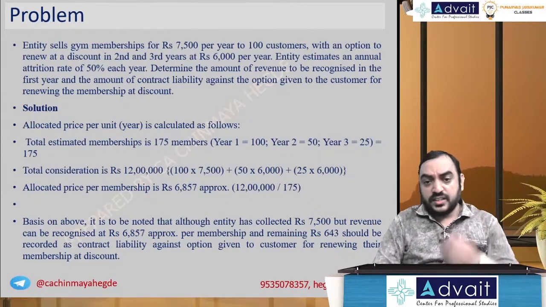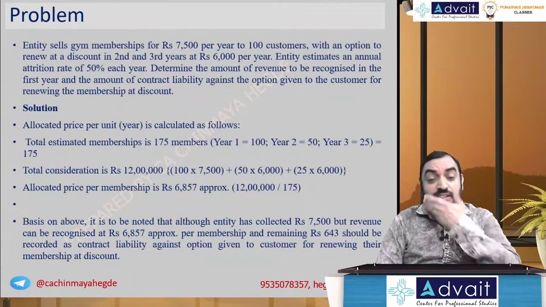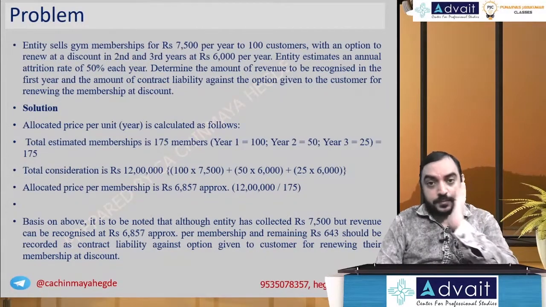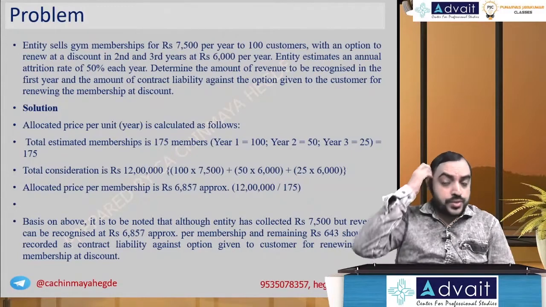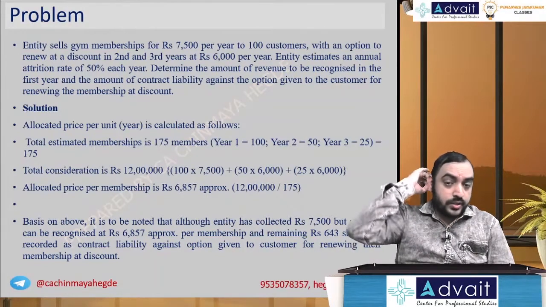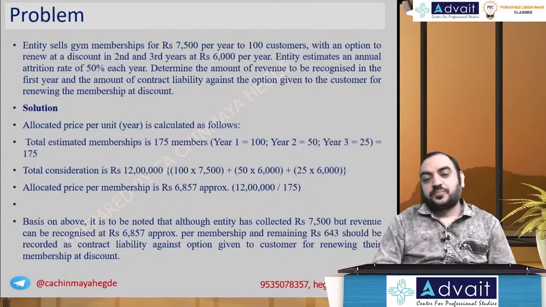You can pay only 6,000 in the second and third year. The entity estimates annual attrition rates are 50% each year. So 50% of the people will leave. Determine the amount of revenue to be recognized in the first year and the amount of contract liability against the option given to the customer for renewing the membership at a discount.